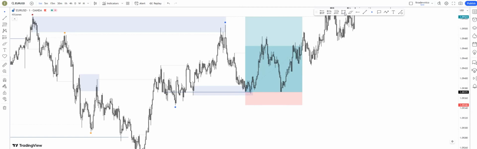And price came into an obstacle. An untested high is also obviously liquidity below it. So price formed our opposite Quasimodo, ran the liquidity, and took structure. And now we have a new range from this low to this high.